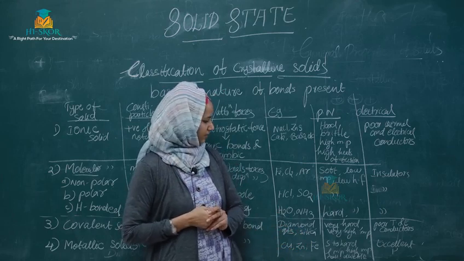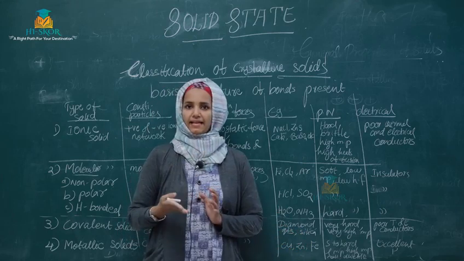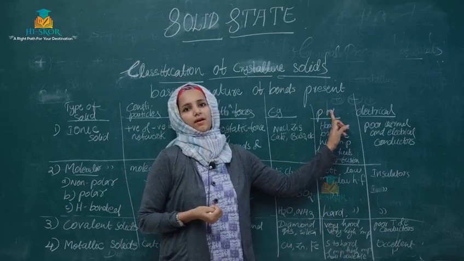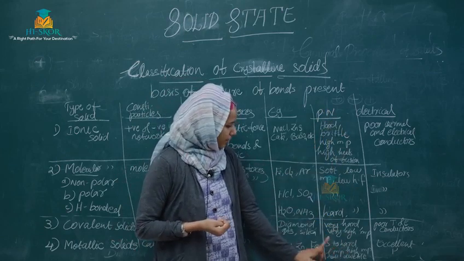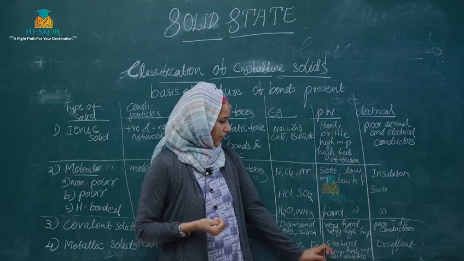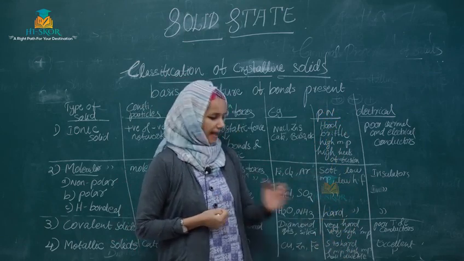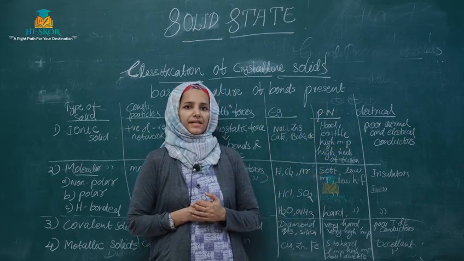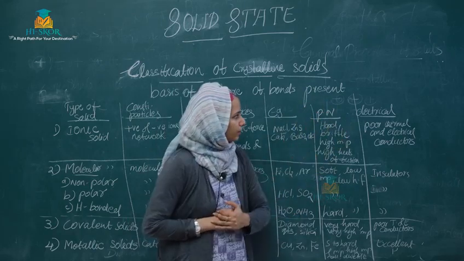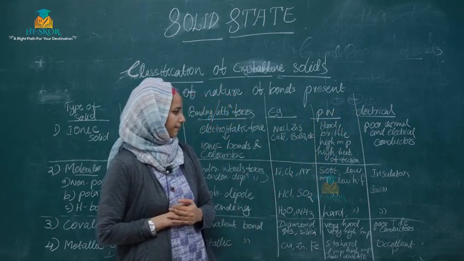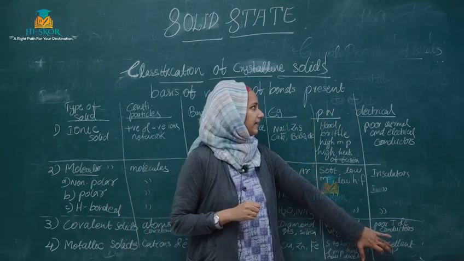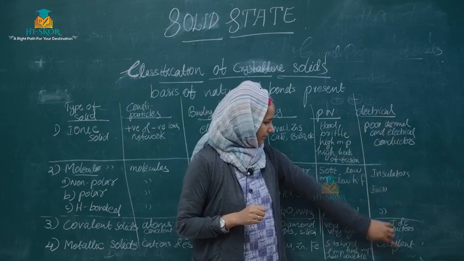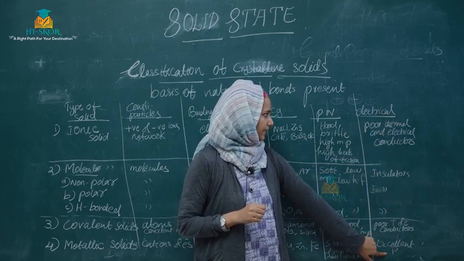They are malleable and ductile, so we can add that in the physical property column. So, strong to hard, low to high melting point, malleable and ductile: these are the physical nature of metallic solids. Next we move on to electrical and thermal properties. We can say that they are excellent conductors of electricity.